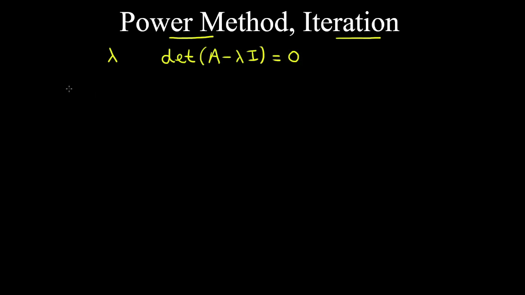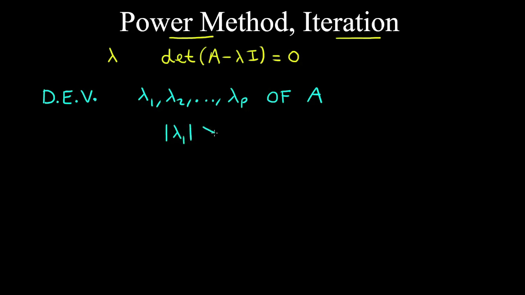So firstly, we'll define what a dominant eigenvalue is. If we have distinct eigenvalues, lambda 1 to lambda p of a matrix A, then the eigenvalue with the absolute value that's larger than the absolute value of the other eigenvalues is the dominant eigenvalue.